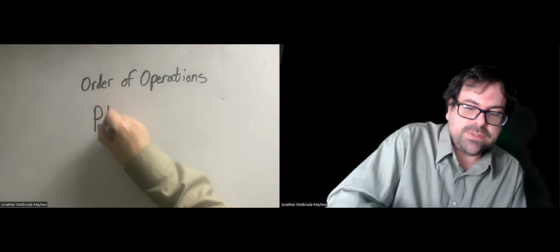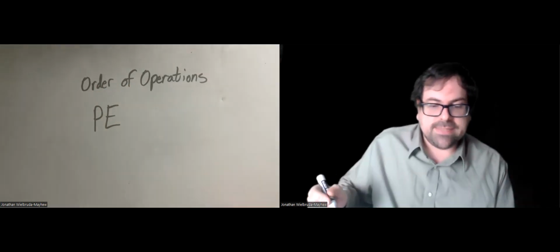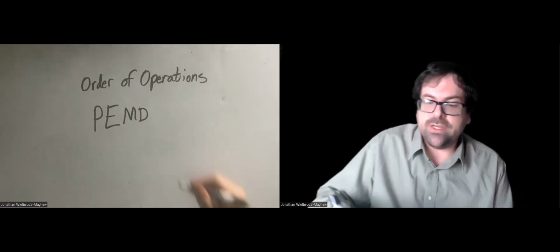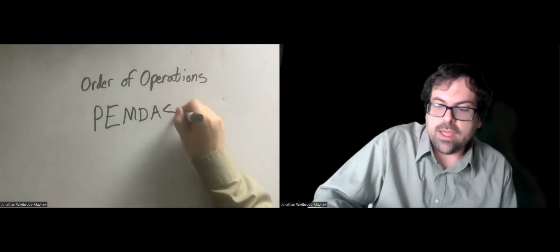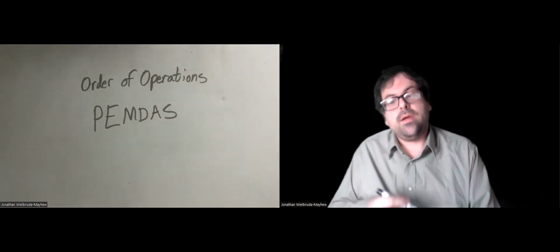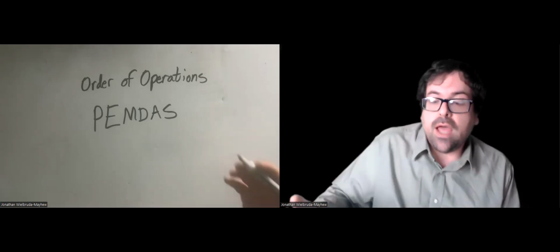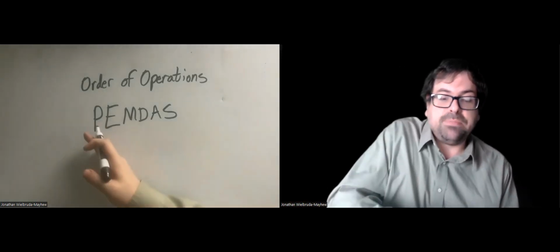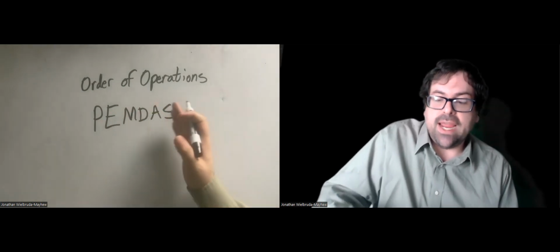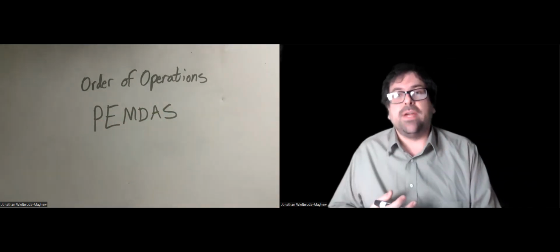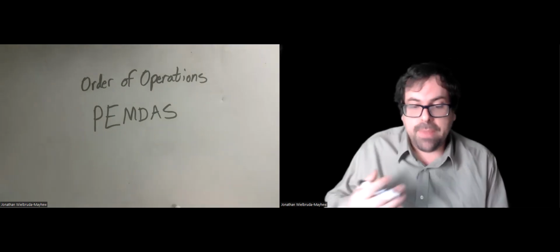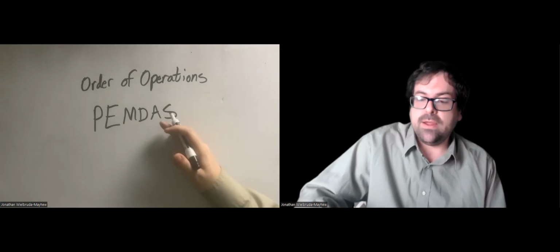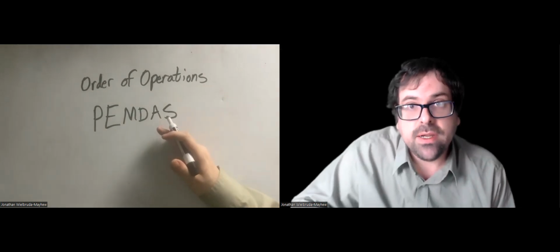Parentheses, grouping symbols, exponents, multiplication and division, addition and subtraction. PEMDAS. People usually remember PEMDAS as please excuse my dear Aunt Sally. Please excuse my dear Aunt Sally will help you remember PEMDAS. Parentheses, exponents, multiplication and division, addition and subtraction.